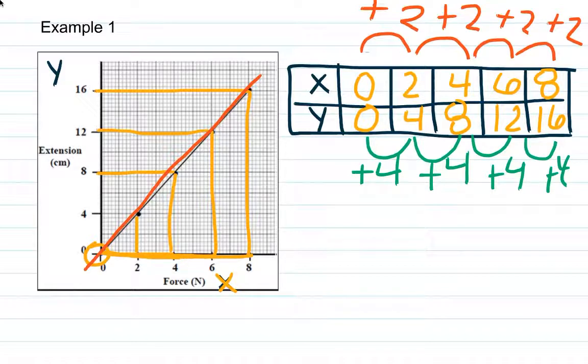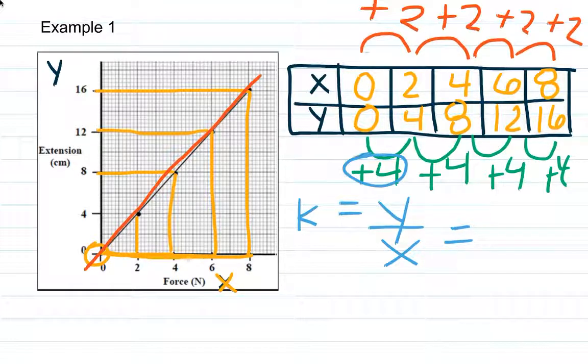I'm going to jump ahead and figure out k. So the formula for k is y divided by x. And since they're all consistent, I'm actually going to use the pattern. The pattern with y was that they're all 4. So we'll put 4 in for the y.